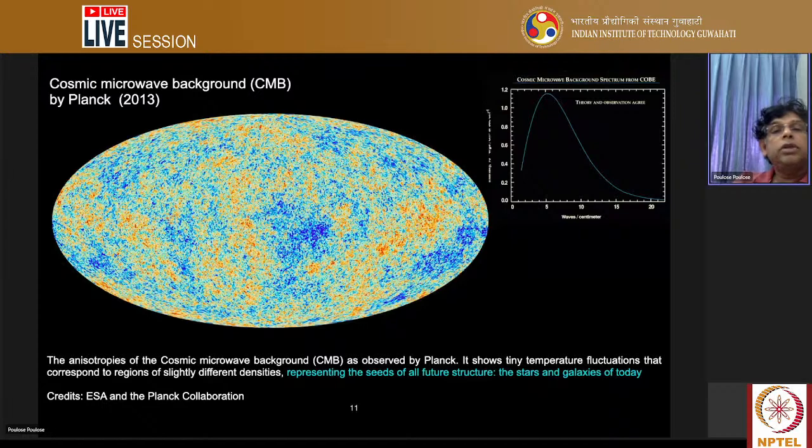This was specifically tuned to take the data of the photons from all different directions of the sky. It stays there and takes data for many years, collects all the data, and then we analyze that. By 2013, the data taking of the Planck mission was over, and now we have a very good picture of this.